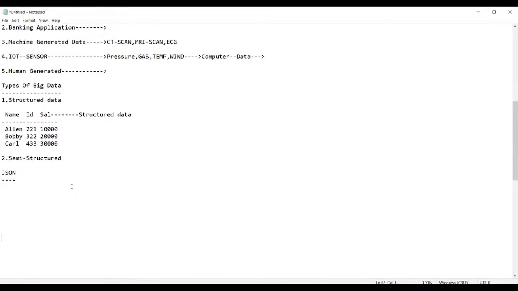will move. The data in the JSON file will be given in curly braces. Now, if I define this data in JSON format, let us see how the data will be here. Name under double quotes, and use the colon, Alan. Now, guys, use a comma. After this, use again ID.